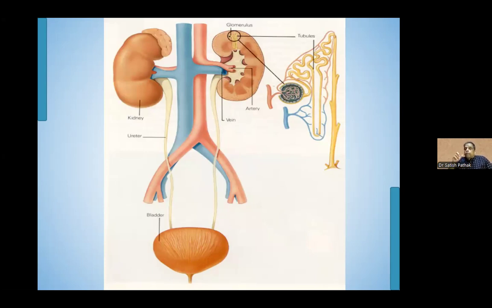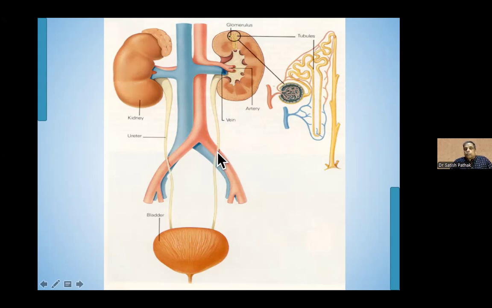But remember that the sludge or stone should be less than 4 millimeter in diameter. Why? Because see here, this is the ureter, these are the aorta and vena cava, and these are the femoral arteries.